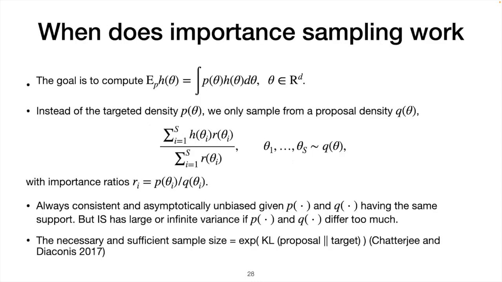To show why it's unstable, we can look at the general theory of importance sampling.